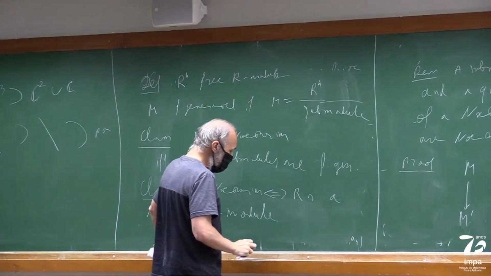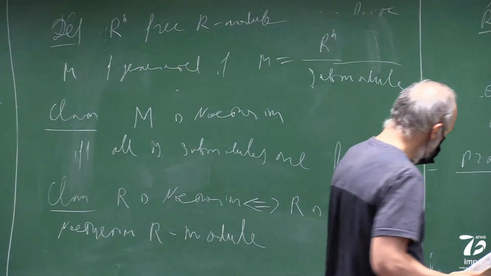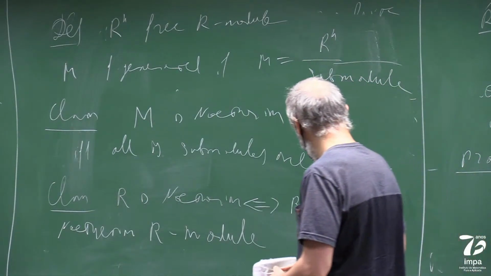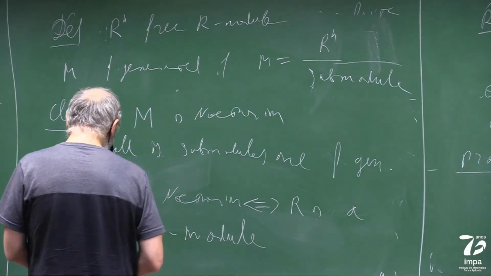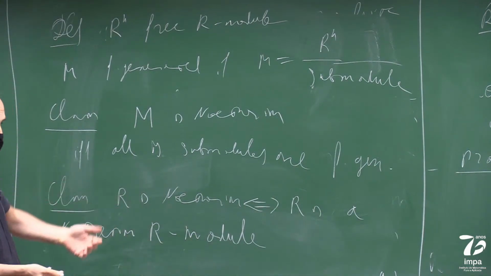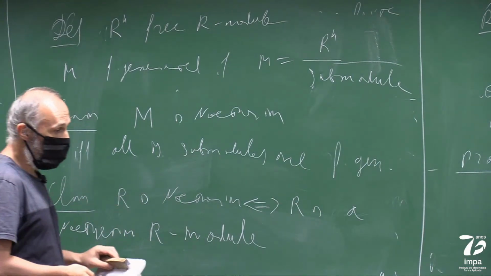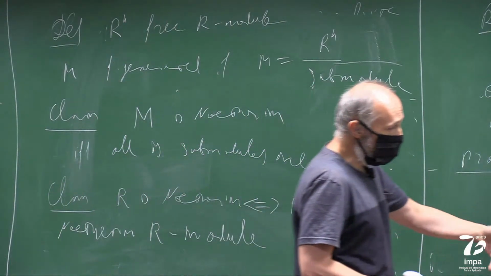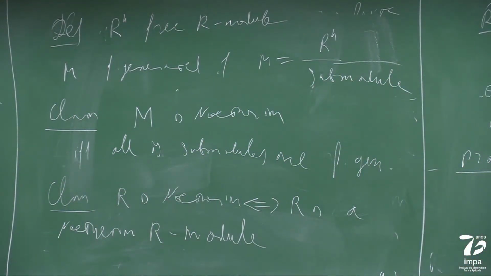To see that, you just notice that submodules of R as an R module are ideals. So the chains of ideals are the same as chains of submodules, something we already discussed.